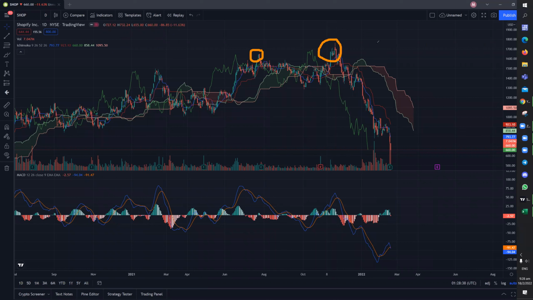When the shadow of the candle is very high at the top, it means that sellers are present and they are trying to push and clear their positions. They push up the prices in the morning and then push down the prices later in the day, which is a very bearish indicator. And hence we did see a very huge red candle on the very next day.